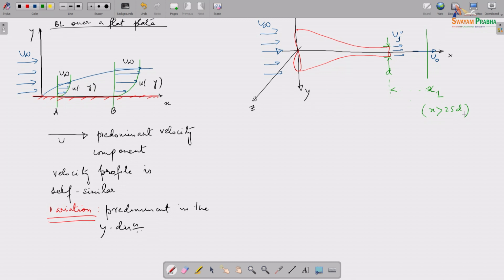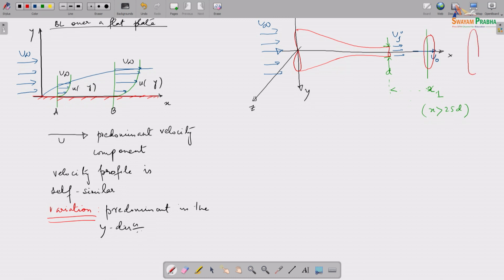Now here again you have a dominant centerline velocity, u naught, and you have a spread. It starts out from here, and we know how much it spreads over here.